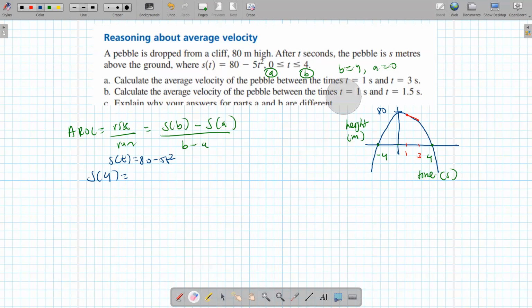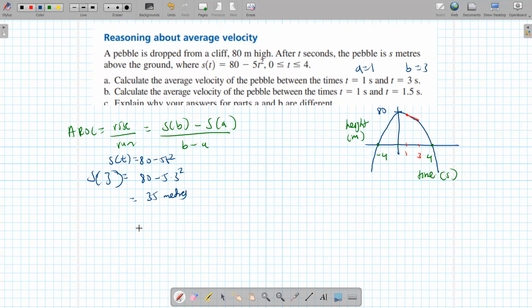Actually, B is not 4 because we're trying to do part A. A is 1, B is 3 because we're doing this question. So we're trying to find the height when the time is 3 seconds. We're gonna simply plug 3 into the equation. So it's gonna be 80 minus 5 times 3 squared. 9 times 5 is 45, so this will be 35 meters.